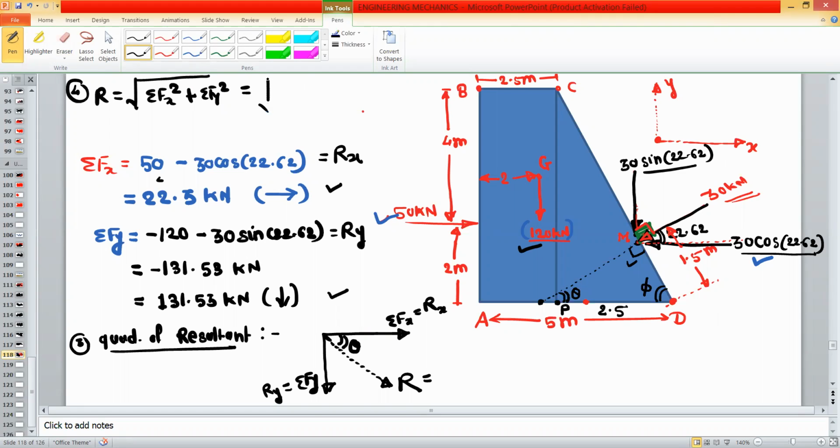So that is equal to 22.3 square plus 131.53 square. So we will get the resultant value R is equal to 133.4. So this is the value of resultant. Okay. And now we have to find out the angle.